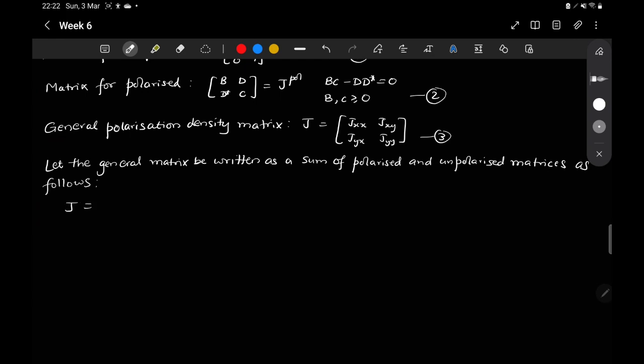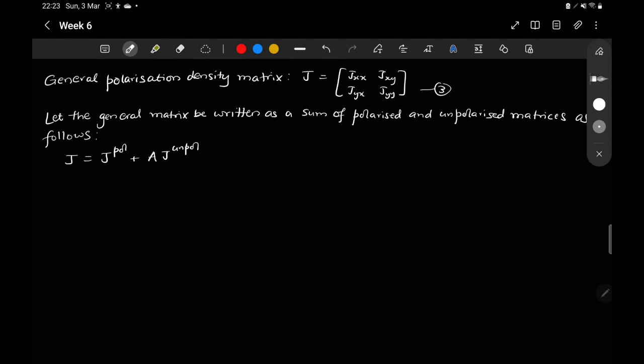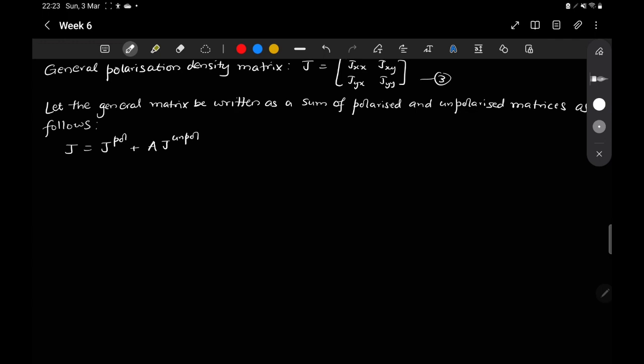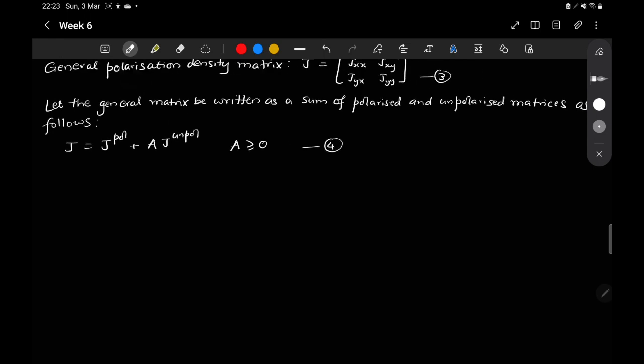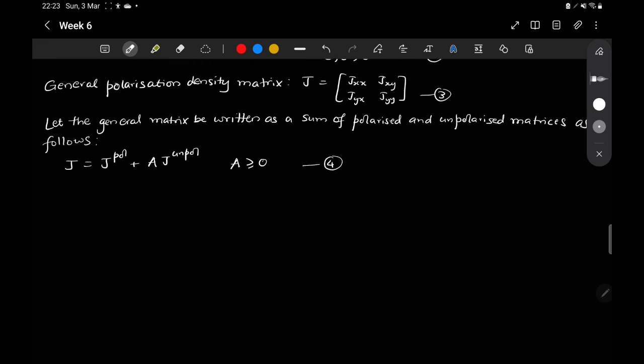So the general matrix is sum of polarized part plus sum of unpolarized part with a constant. Now we need to show that this decomposition is unique.